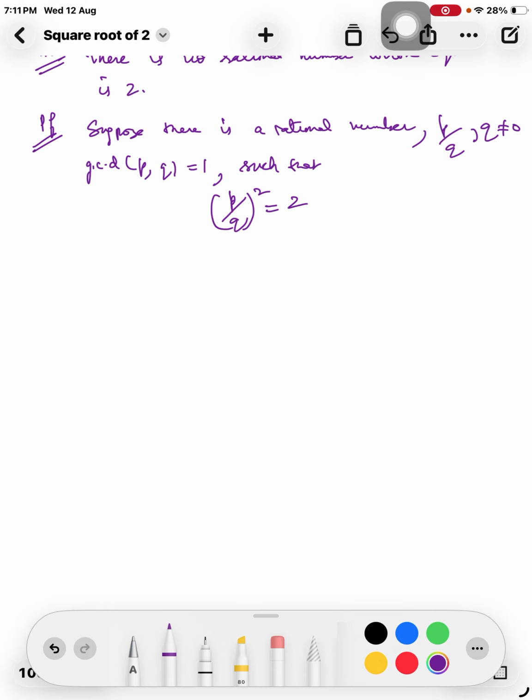So as and when we proceed, we will come to a point where we'll get something which is not right. So we will say that whatever we have assumed here is not correct. Now this means p square is equal to 2q square, right? And the moment we write 2 times q square, it is an integer because q was an integer.